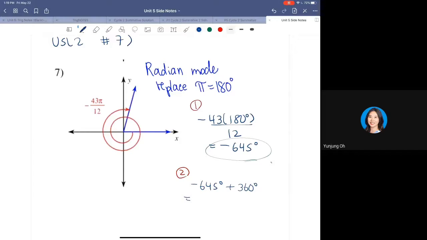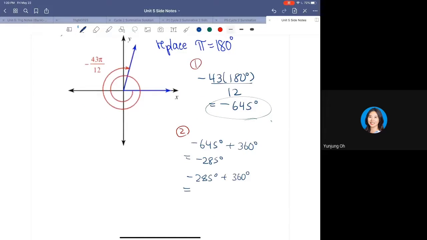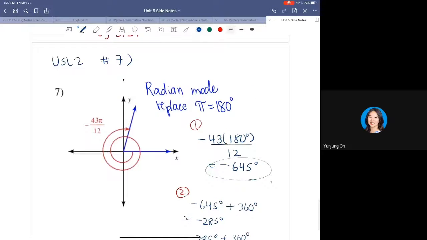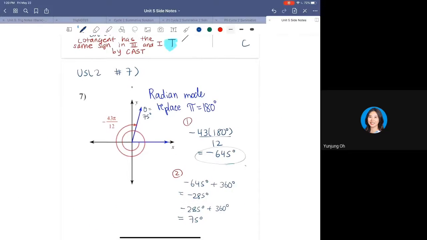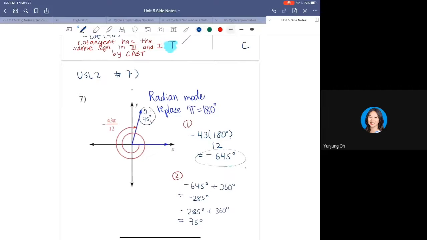And if I do negative 285 plus 360, I get 75 degrees. So that is my principal angle, and 75 degrees is my theta.